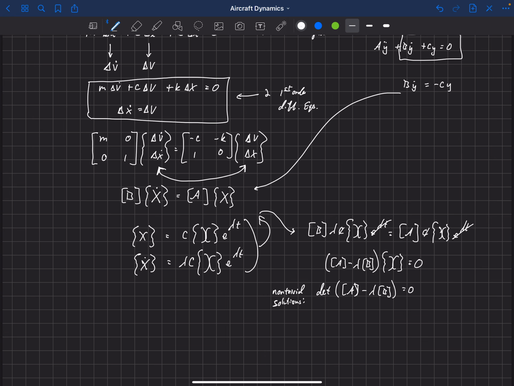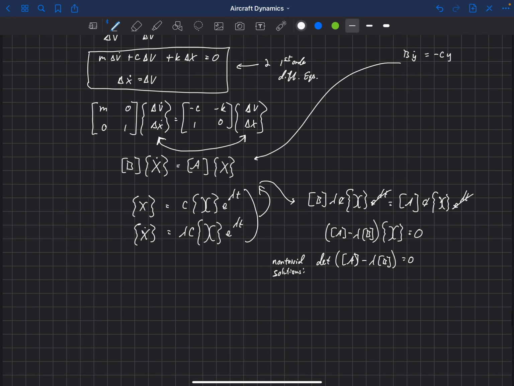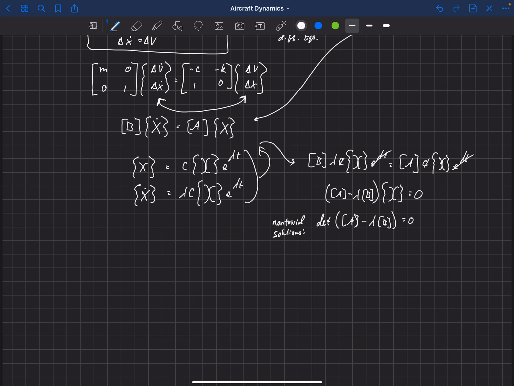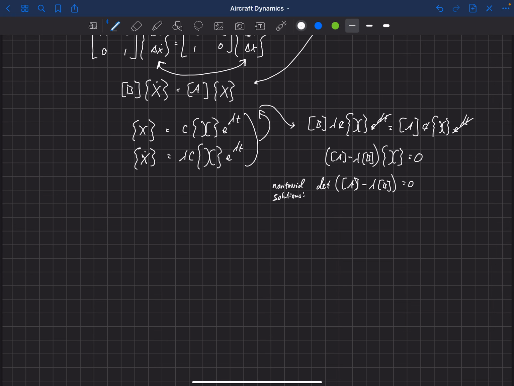Okay, so we can solve for that first. So we can solve for the eigenvalues lambda such that the determinant of those matrices will be equal to 0. Okay, so let's work through this.